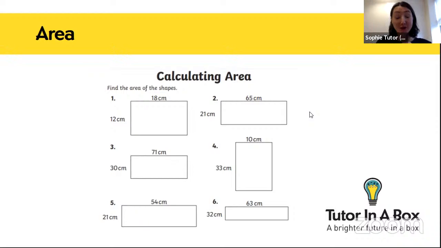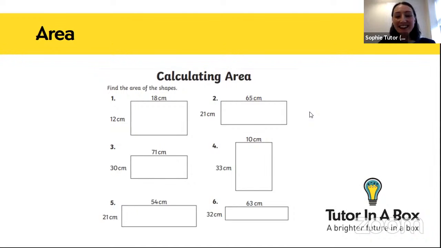If you did number 3, we were doing 30 centimeters times 71 centimeters. That gave us 2,130 centimeters squared as our area. Number 4, that was 33 centimeters times 10 centimeters, which gave us 330 centimeters squared. Number 5, I thought this was quite a hard one.